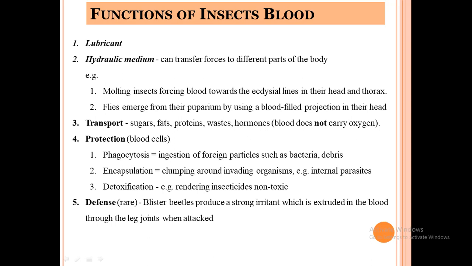The most important is protection of the insect through its blood cells, by encapsulation of different internal or external particles, detoxification of insecticides, and ingestion of foreign particles or bacteria that will be inactivated through phagocytosis, encapsulation or detoxification.